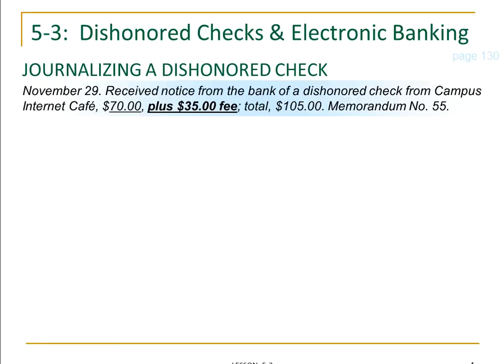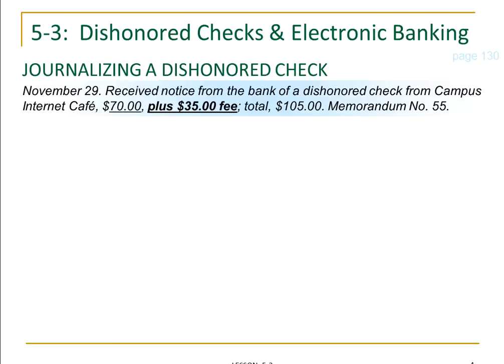So if we had a dishonored check, and on November 29th we received notice from the bank of the dishonored check from Campus Internet Cafe. The amount of the check was $70, but now we also have to record a fee of $35 because the bank is going to charge us a fee for that dishonored check. We don't want to be out $35. That's bad business practice.